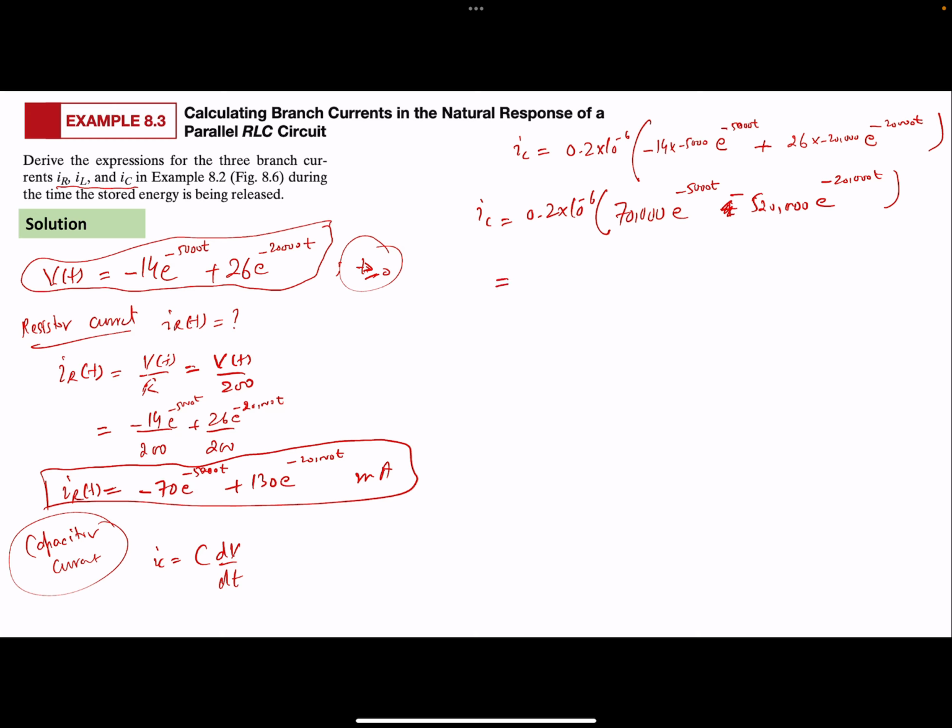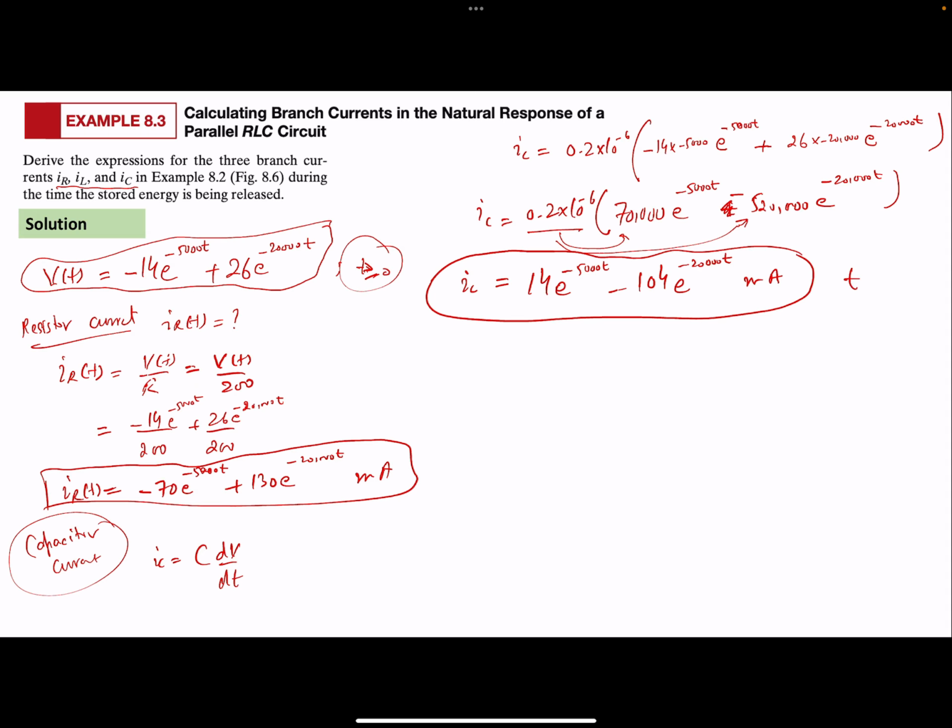Once you multiply with this thing to both of these, your capacitor current is going to come out to be 14 times e raised to power minus 5,000 t minus 104 e raised to power minus 20,000 t milliampere.